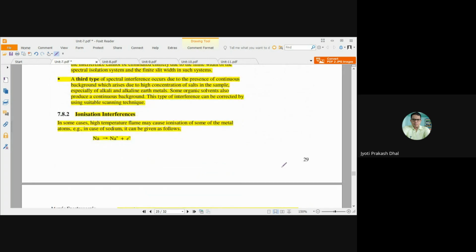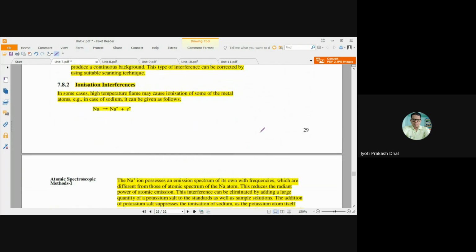Now coming to ionization interference. In some cases, a high temperature flame may cause ionization of some of the metal atoms, so they will show a different type of spectra. For example, sodium atoms in a high temperature flame may ionize into sodium ions.